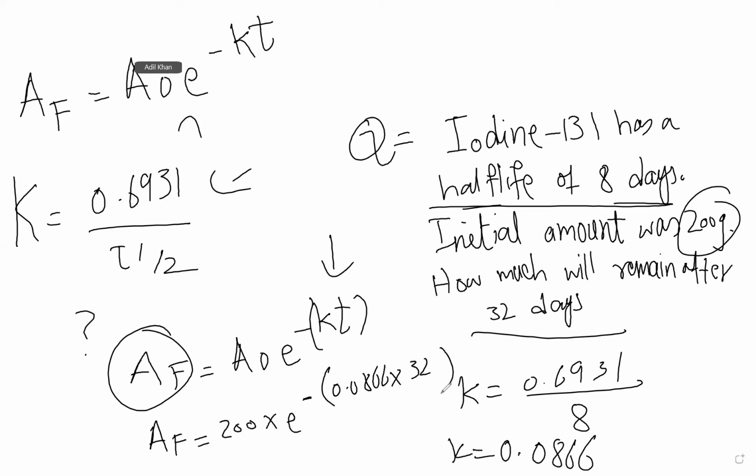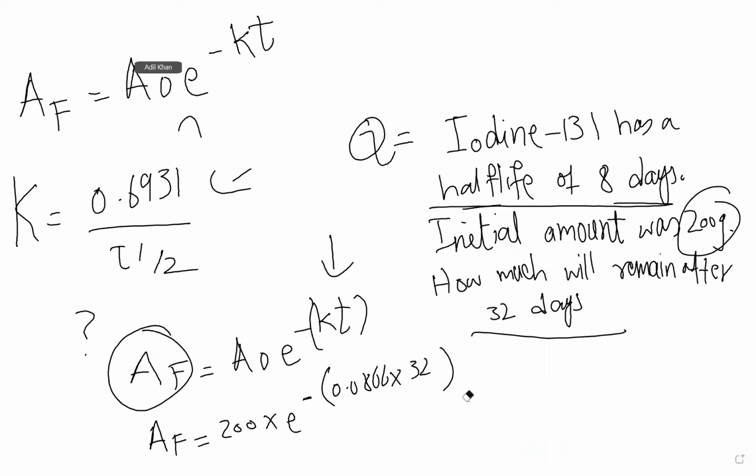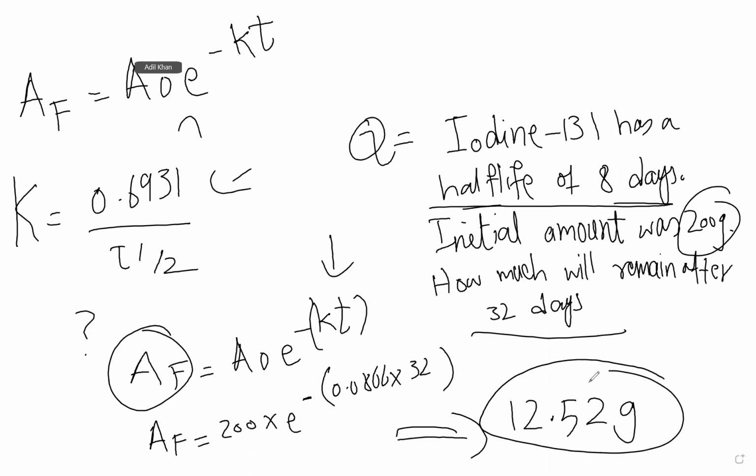Okay, now I'm going to clear this out so that I have some space to write. So let's see, what do we get? 200 times exponential negative 0.0866 times 32. So I get 12.52 grams. So this is your answer, this is your final amount.